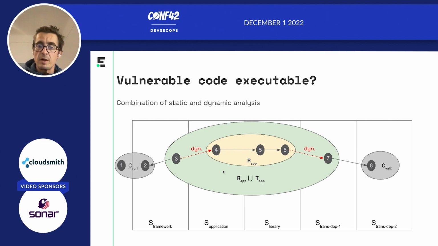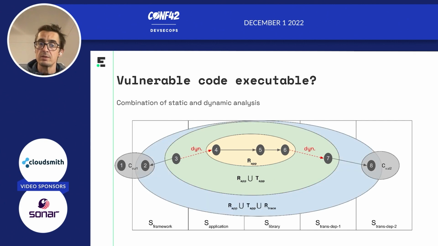And in this example, the dynamic test found that the framework method 3 and the method 7, part of the transitive dependency, were also executed. In the next step, we can run a static analysis again, but this time we do not take the application methods as a starting point to construct the call graph, but we take the traced methods 3 and 7 as a starting point.